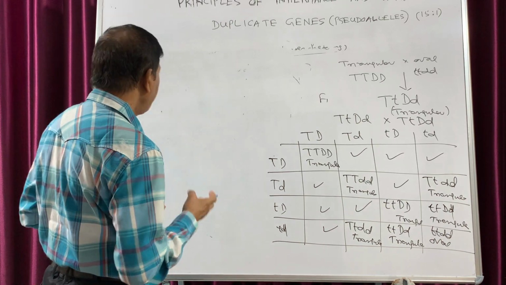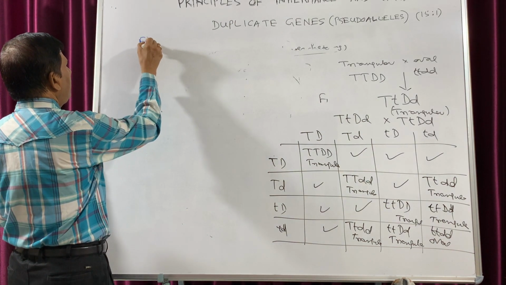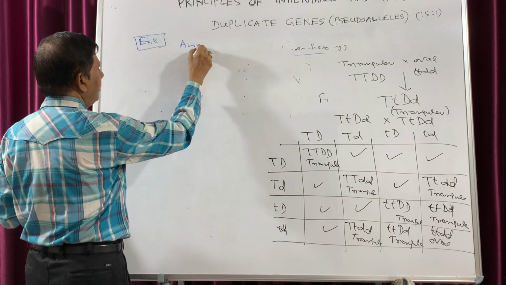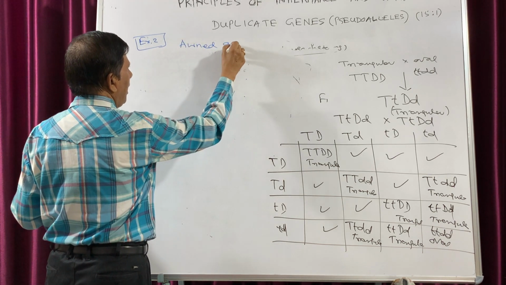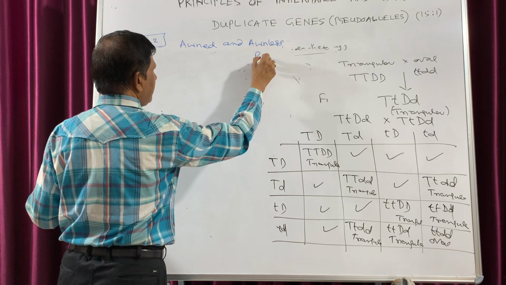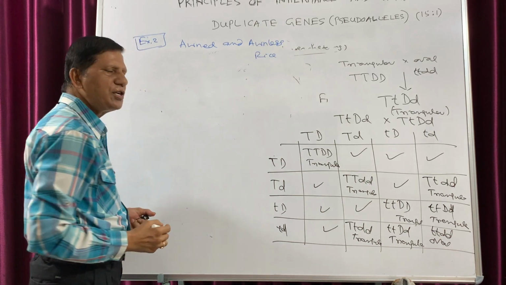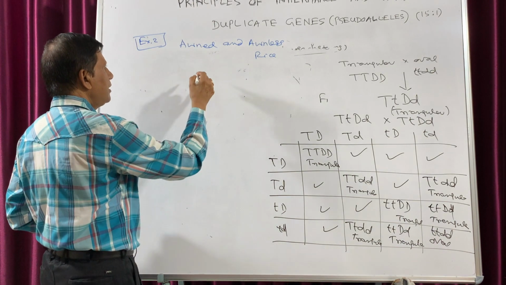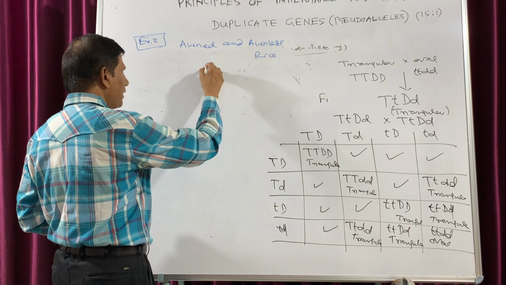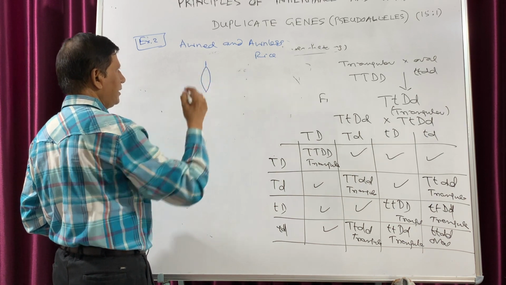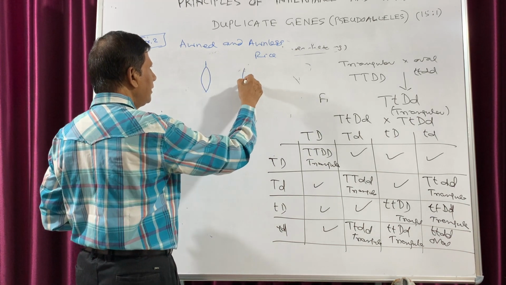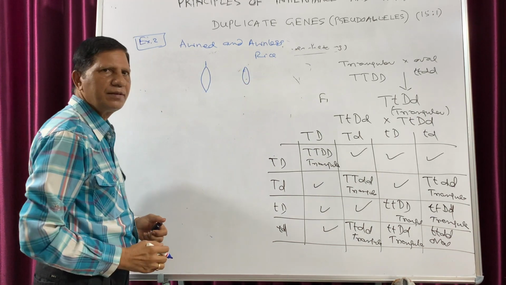So the example number 2 is awned and awnless rice. Now what is awned and what is awnless? In some rice you will find one spike-like structure present like this. This is awned, and if it is not present, then it is awnless.